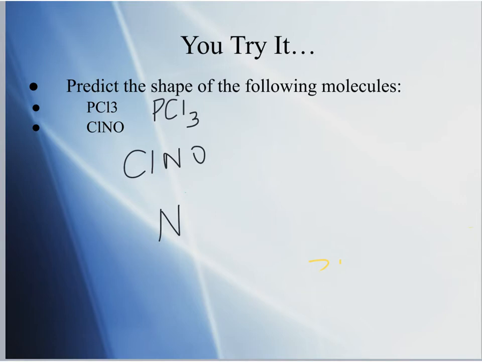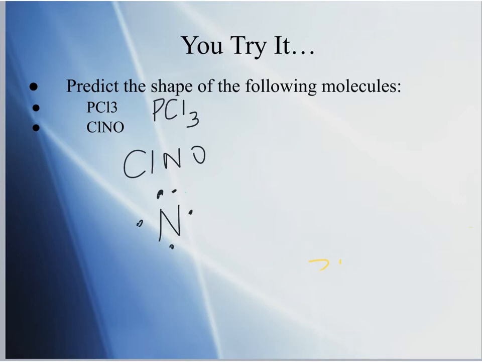Then the column 6 to the left of that needs 2 electrons to fill their shell. And then the nitrogen group column needs 3 electrons to fill their shell. So nitrogen is going to need 3 more electrons to fill its shell because it has 1, 2, 3, 4, 5 valence electrons of its own.